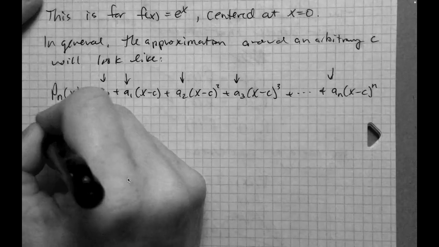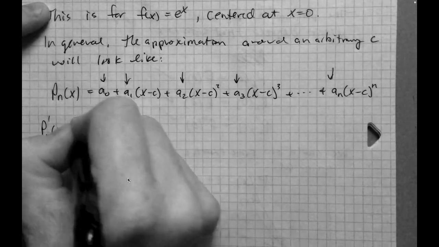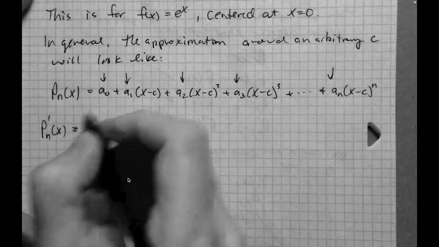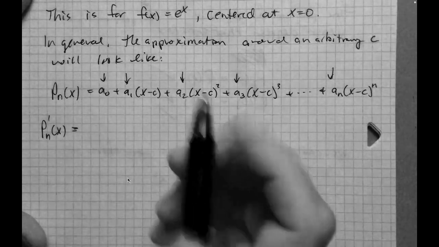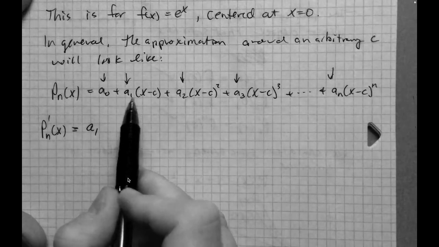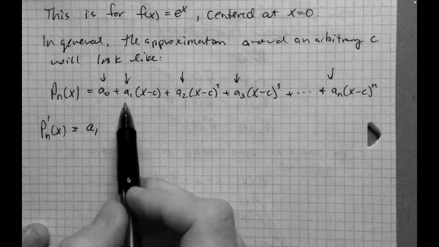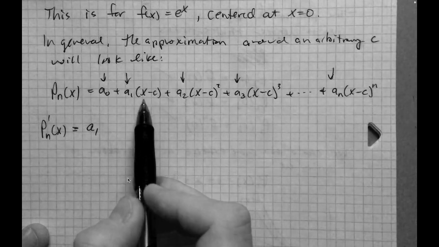So what does the first derivative look like here? Well, a sub 0 is a constant, so it becomes 0. And so we start with just a1. The derivative of this term would be a1 times the derivative of x minus c.